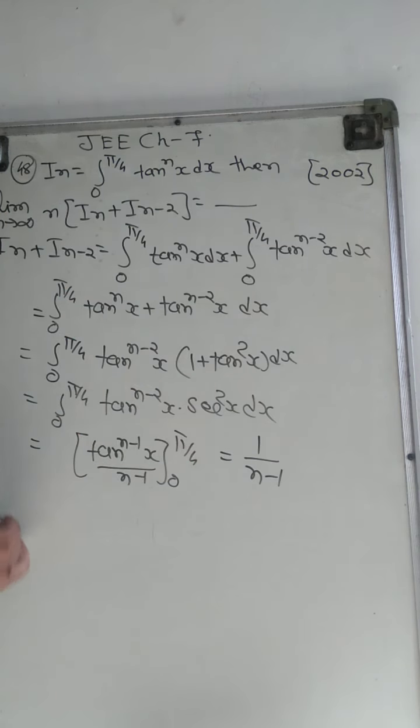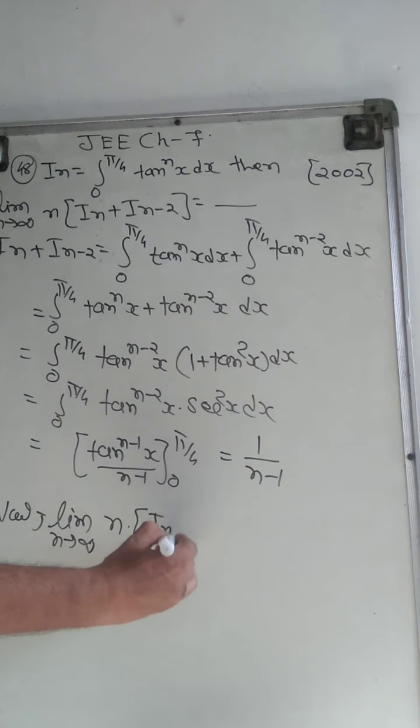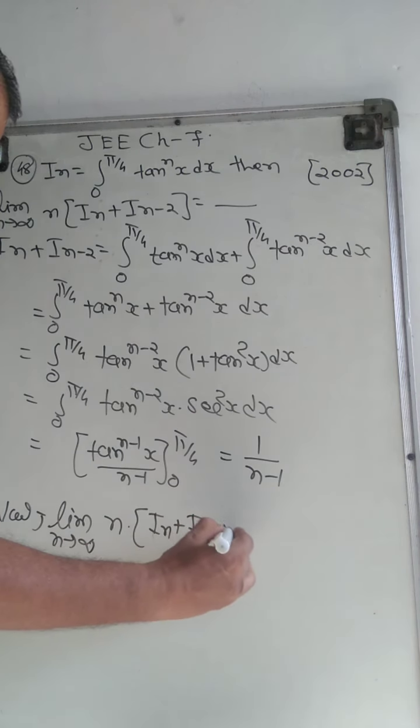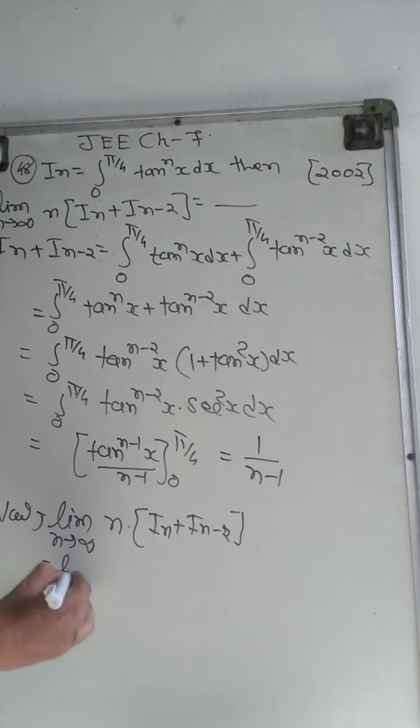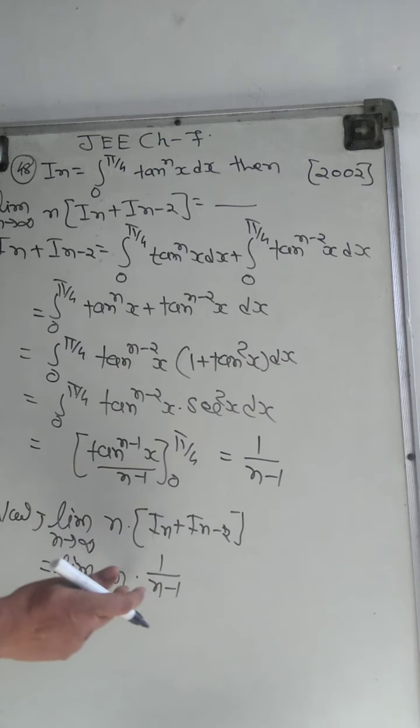Now we place this value. The limit as n tends to infinity of n times (I_n plus I_{n-2}) is the limit as n tends to infinity of n times 1 upon (n-1).